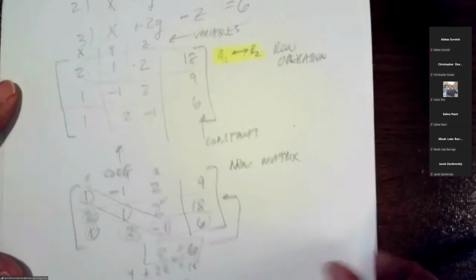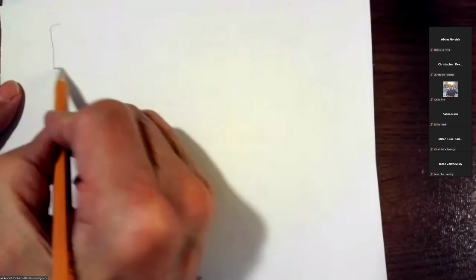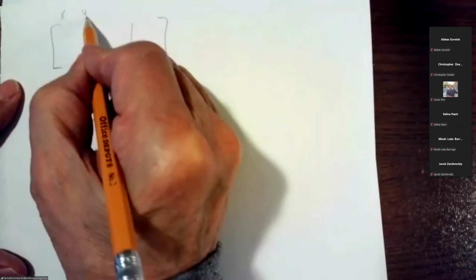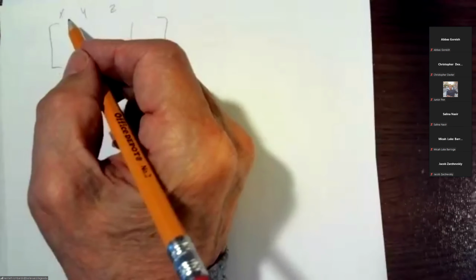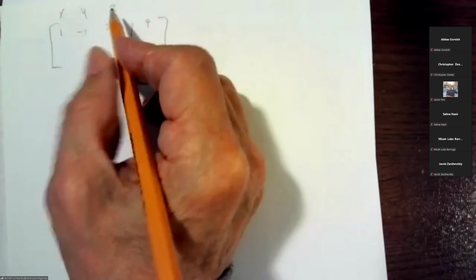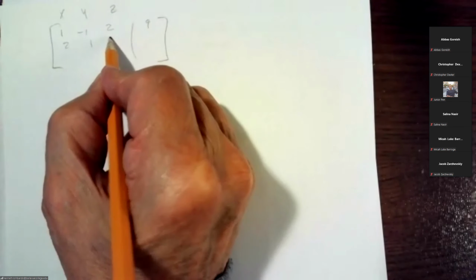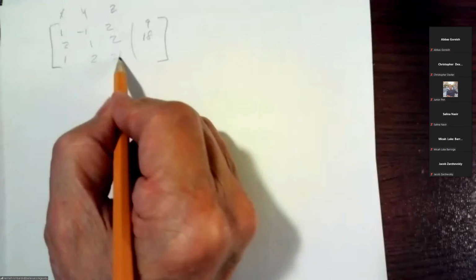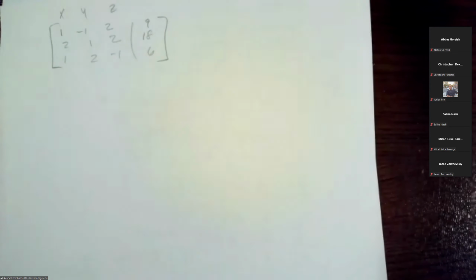Okay, so let's take that augmented matrix that I had. It had X, Y, Z, and I was at 1, -1, 2, and 9, 2, 1, 2, and 18. I'm just rewriting 1, 2, -1, and 6.